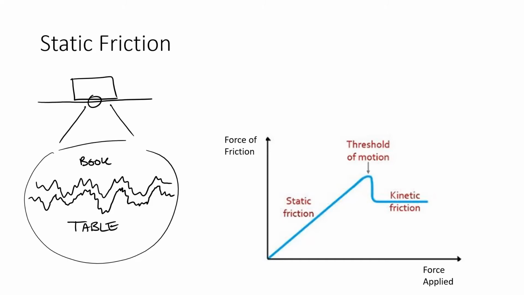Every object has it. I'm going to put the equation up here. I don't think I'm going to put friction on any homework, but I'll put the equation you might need.